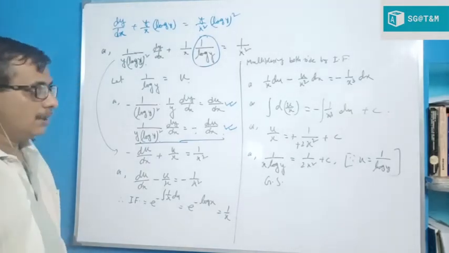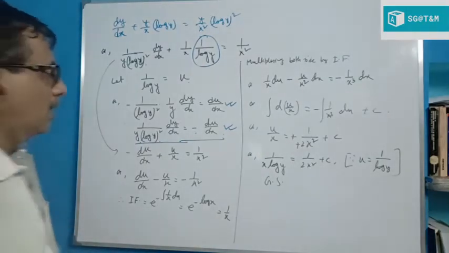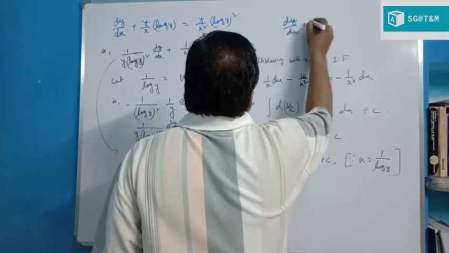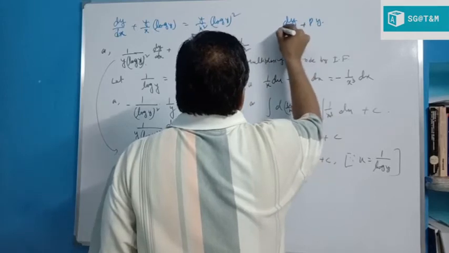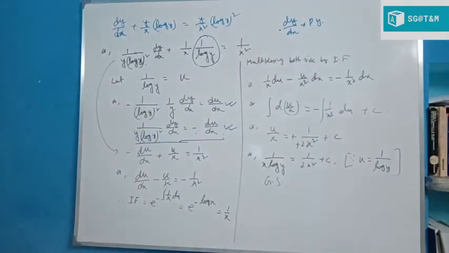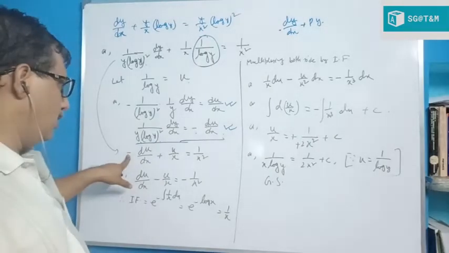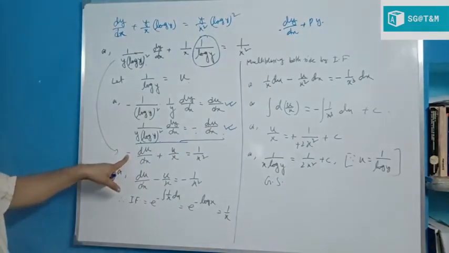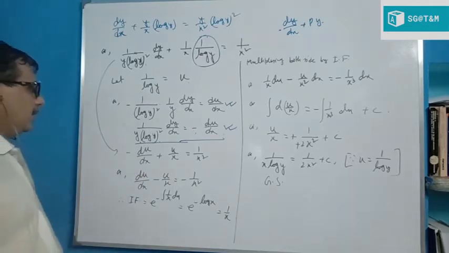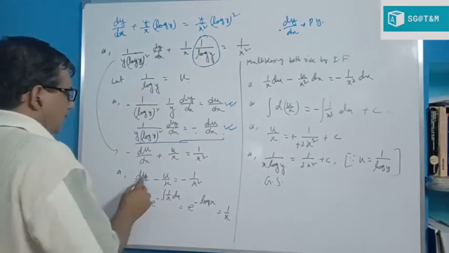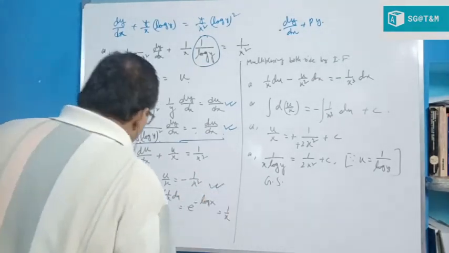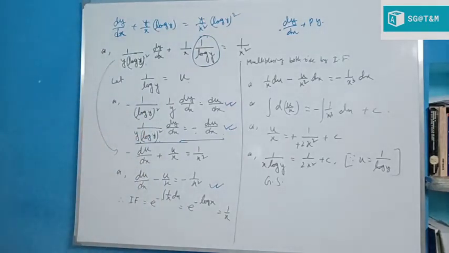But we know that for a linear equation, dy/dx plus p y, the coefficient of dy/dx is plus 1. Here it is a linear equation in u, but the coefficient is minus 1. So multiplying both sides by minus 1, we get du/dx minus u/x equals minus 1/x².